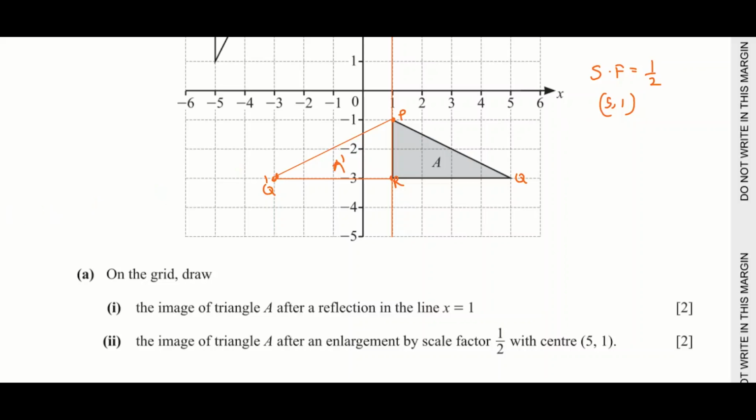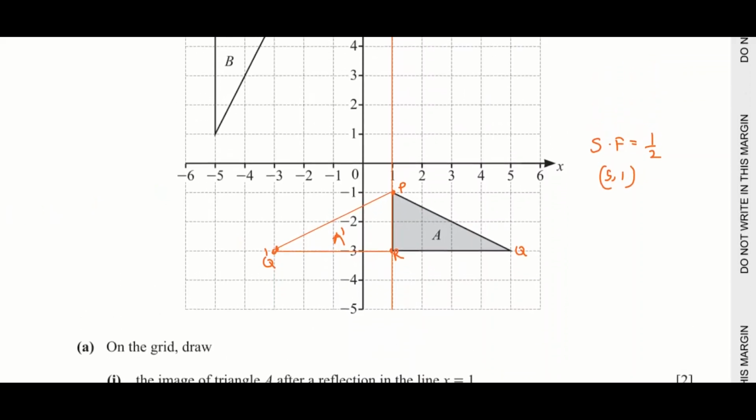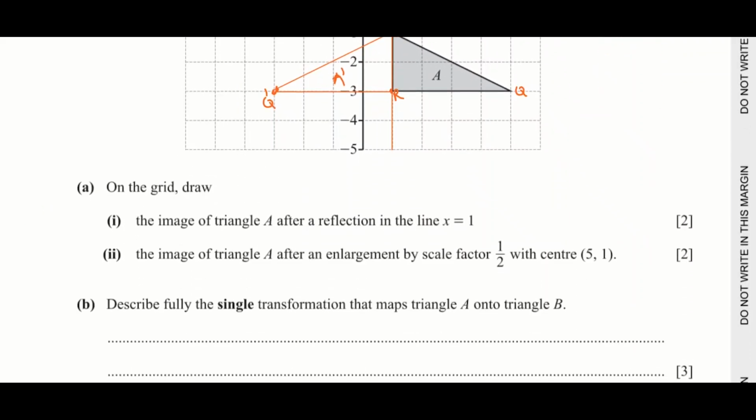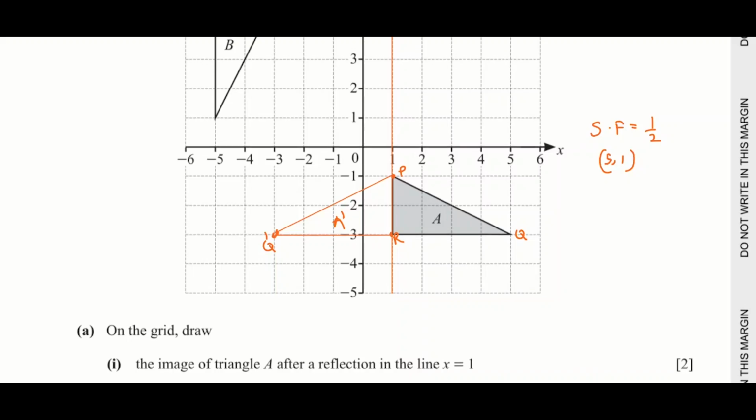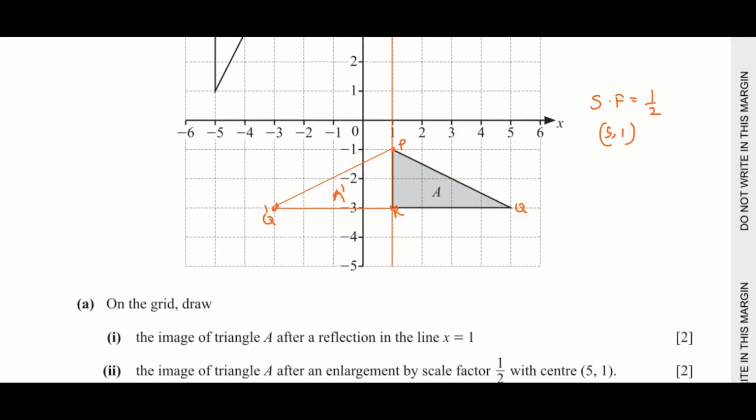These two are important for us to enlarge the object A. It's going to become smaller because the scale factor happens to be a fraction. The center of enlargement is x equals 5 and y equals 1. So this point here is the center of enlargement. If you like, you can just put a cross here.